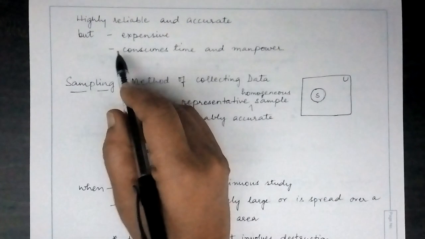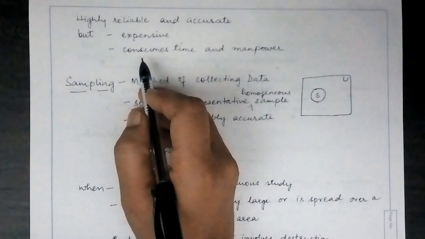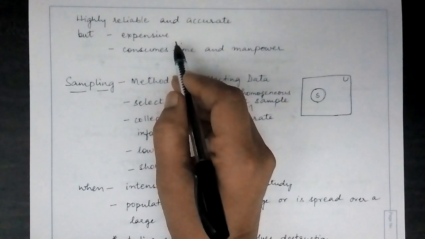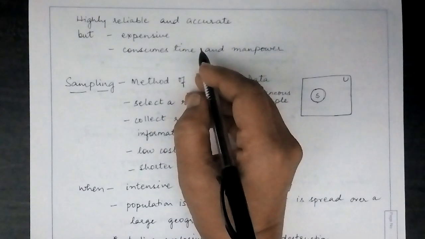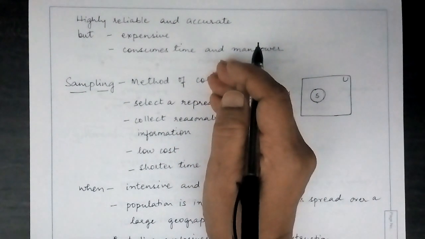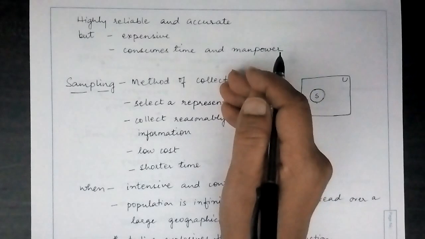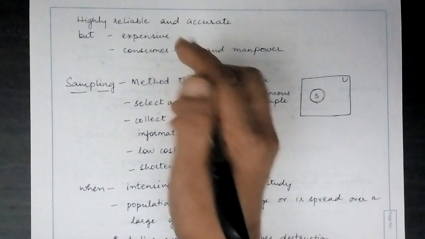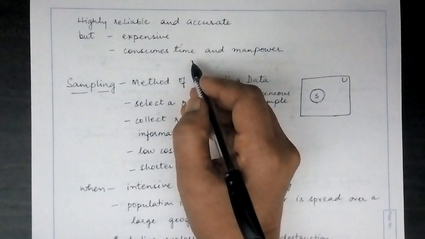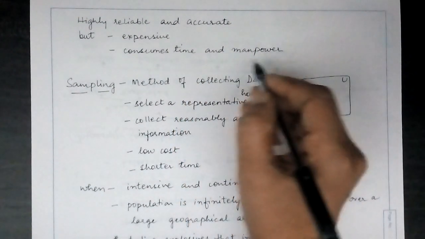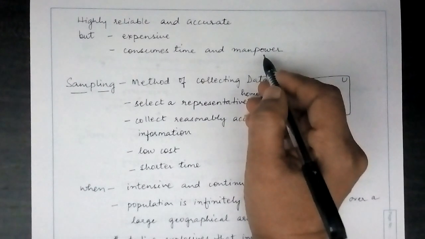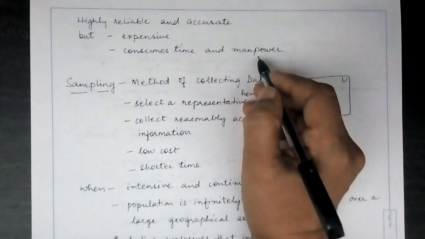However, it also has certain demerits, that it is very expensive. Since each and every item of the population has to be observed or investigated, it is very expensive. At the same time, it consumes a lot of time and manpower. Manpower meaning a lot of people have to be employed in order to collect the data.